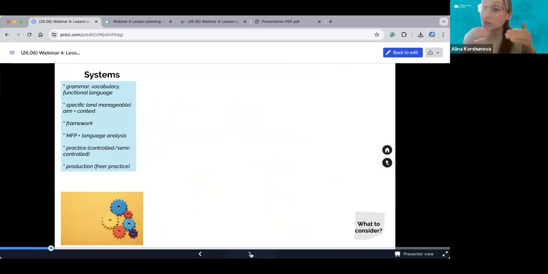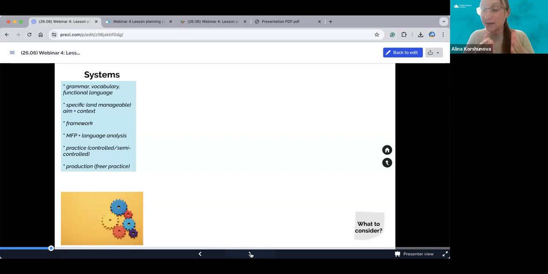Our students need to know something in order to use language, and they need to be able to do something with that language. So they need to develop their receptive skills, listening and reading, and their productive skills, speaking and writing. So they need some knowledge, and they need to develop some skills.